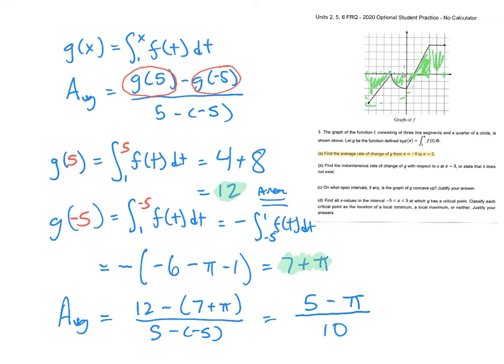So we're going to call it quits there. We'll highlight this thing. That is the average rate of change over the interval negative 5 to 5 for function g. Okay, we had some accumulation there, and we had some good old-fashioned rates of change. All right, we'll attack letter B on the next slide.